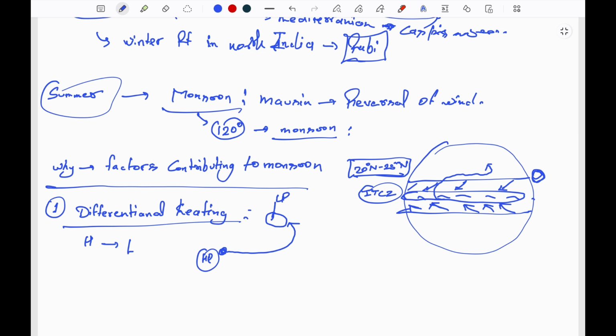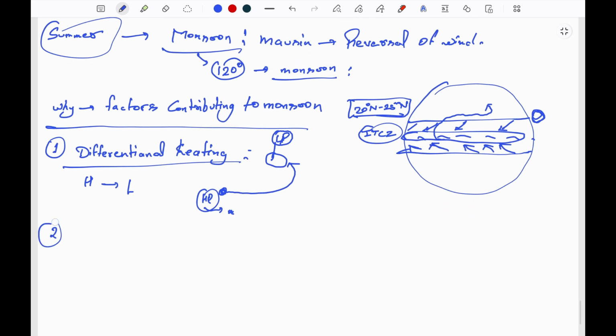Now remember one basic thing, that any factor that is contributing to an increase in low pressure in North India will help in augmenting the monsoonal type of climate, and anything that is intensifying the high pressure will also intensify the monsoon system. So now moving on to the second point, that is shift of ITCZ.